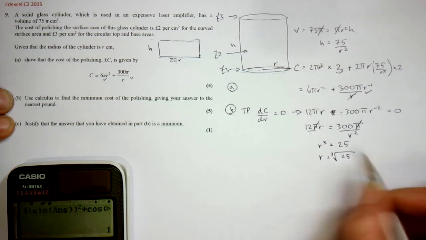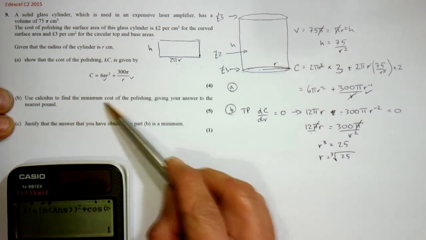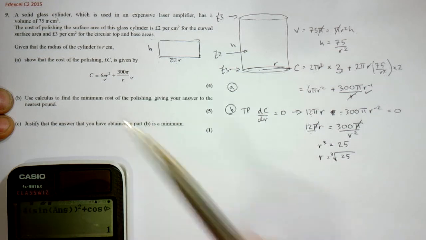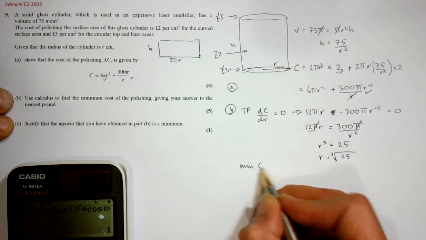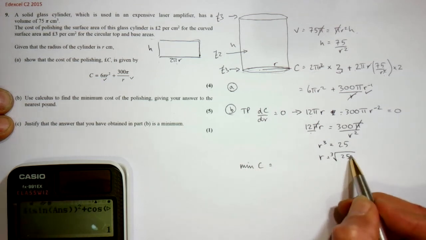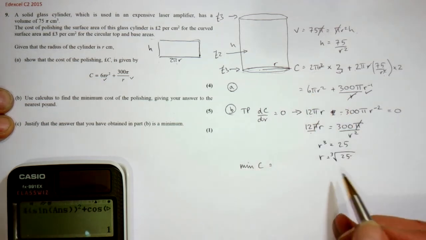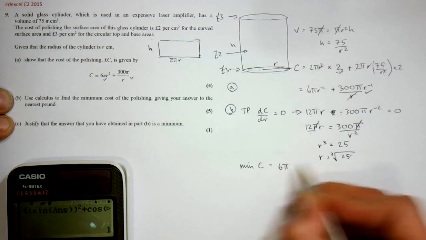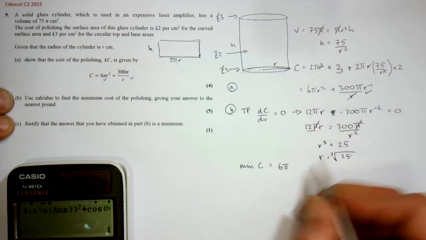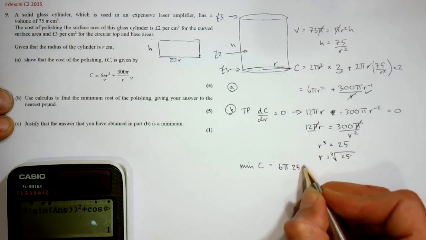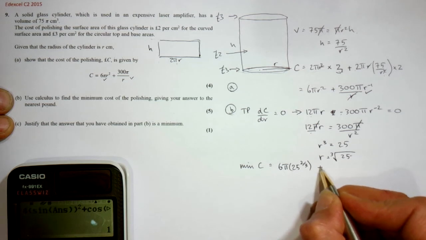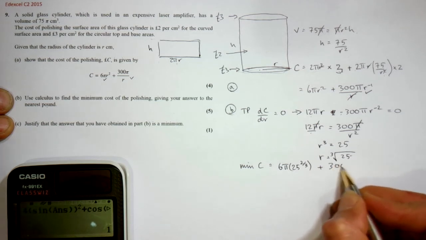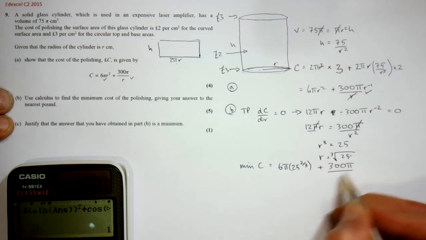But we haven't finished, because the question says to find the minimum cost of the polishing. Give your answer to the nearest pound. So the minimum cost of polishing is equal to substituting this value back into this equation. So we've got 6 pi, the cube root of 25 squared, which is 25 to the 2/3, and we're going to add 300 pi divided by the cube root of 25.